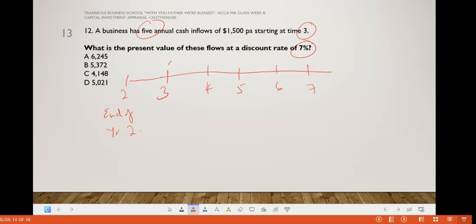So this is the start of year 3. If we take another year, we have reached the point where the investment is started. This is 1st January at year 2. As you can see, this is the start of year 3 and this is the end of year 3.